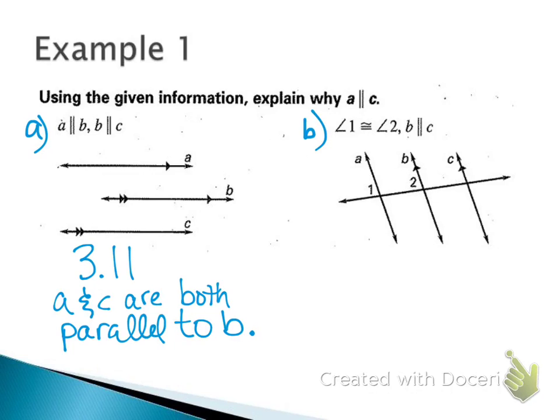They must be parallel to each other. The reason why we know that A and C are parallel on example 1A is because A and C are both parallel to line B. That came straight out of Theorem 311 that we just talked about on the front.